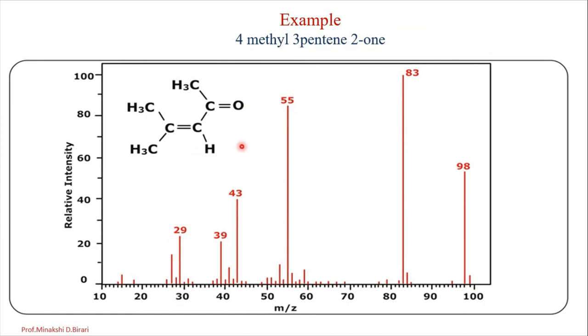So when the number of nitrogens is even, or zero, the molecular ion peak is observed at an even value, and the fragment ions show peaks at odd M by Z values. So this is the example of 4-methyl-3-penten-2-one. Next example.